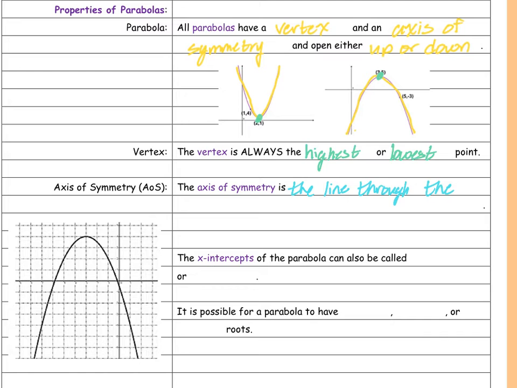So it goes through the vertex so that each side of the parabola is a mirror image of each other. Okay?